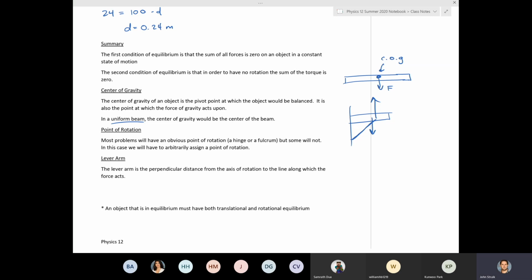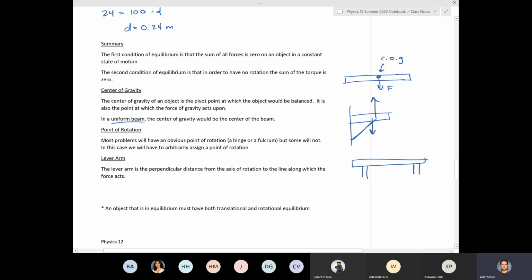Most problems will have an obvious point of rotation, so a hinge or a fulcrum, or it'll say this is where it's rotating, but it doesn't have to. You can put your point of rotation wherever you want. So an example of this is, let's say I have a beam. That's a great beam. And I put a leg on that beam right here and another leg on that beam right here.